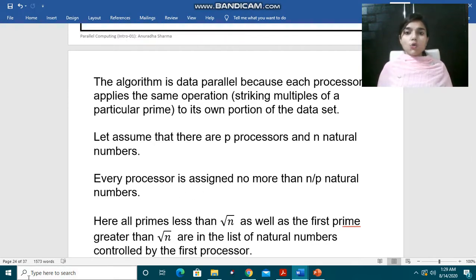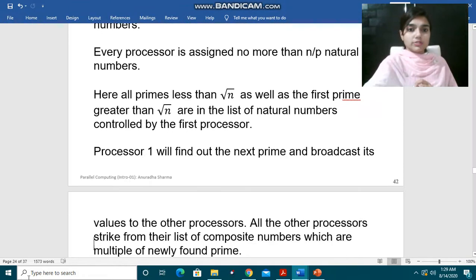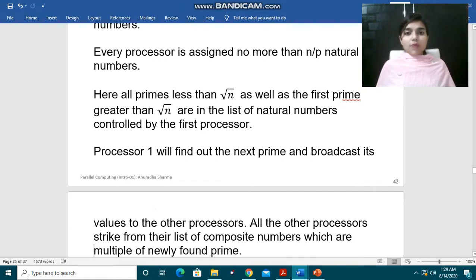Every processor is assigned no more than n by P natural numbers. If we have to assign a portion of the natural numbers to each processor, the size of that portion will be not more than n by p, where n is the number of natural numbers and p is the number of processors. All primes which are less than root n, as well as the first prime greater than root n, are in the list of natural numbers controlled by the first processor.